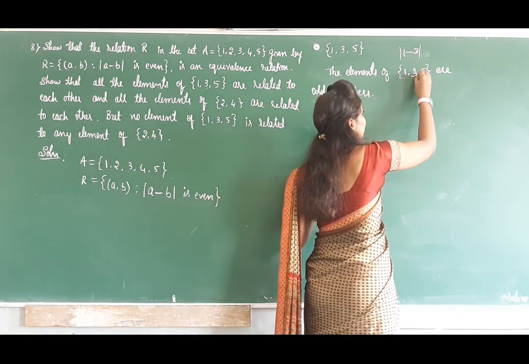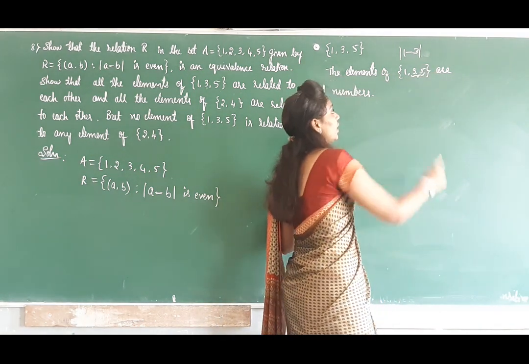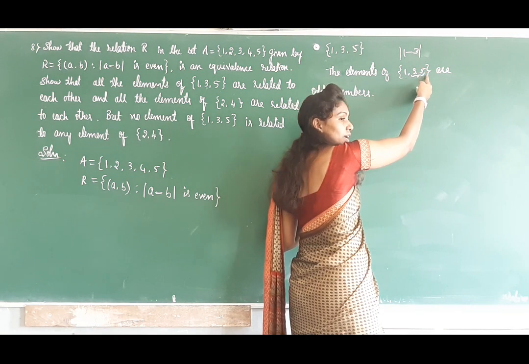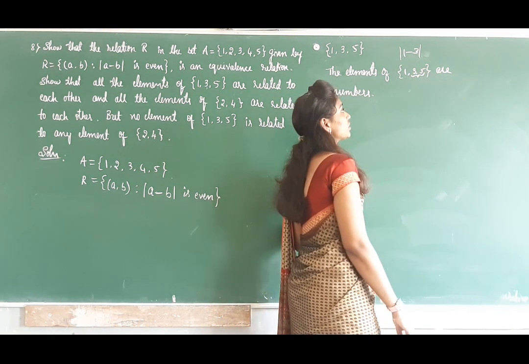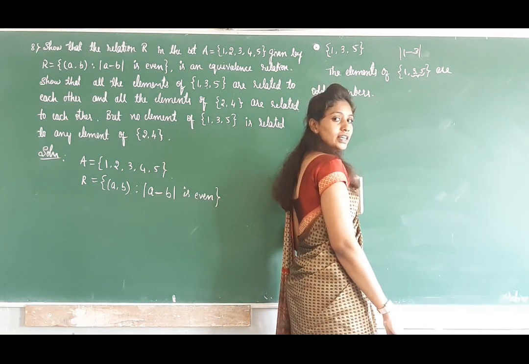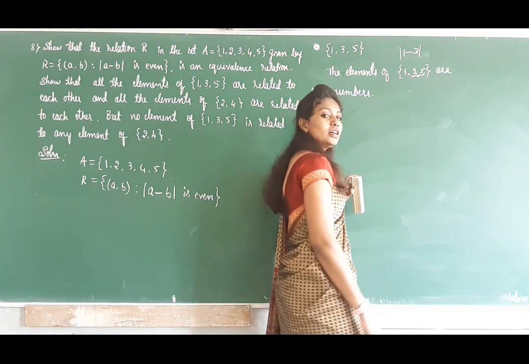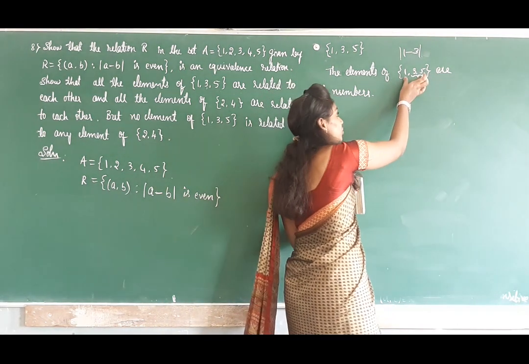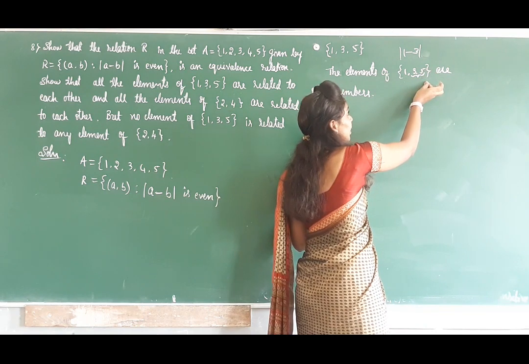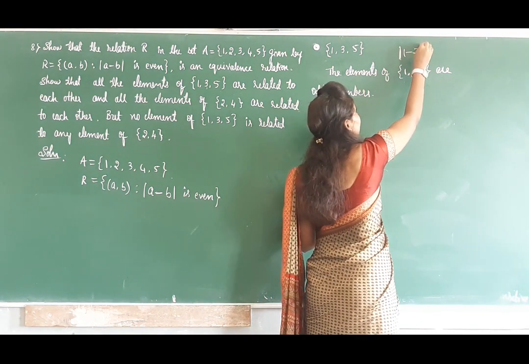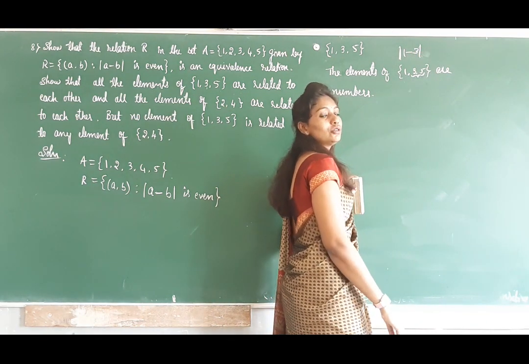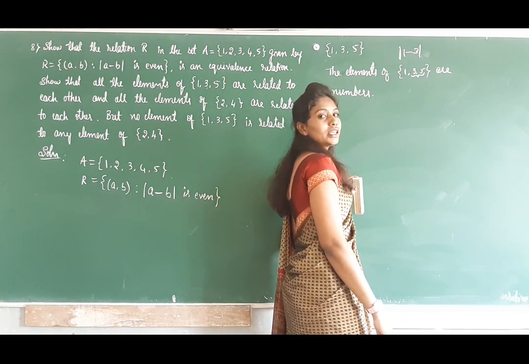Take any other two elements. 3 and 5. 3 minus 5 is minus 2. Modulus of minus 2 is plus 2. Plus 2 is an even number. Take any two elements of this set and apply the modulus of the difference of those numbers. Then we get even numbers.